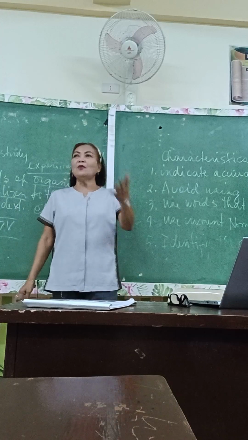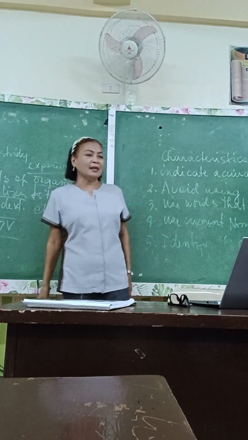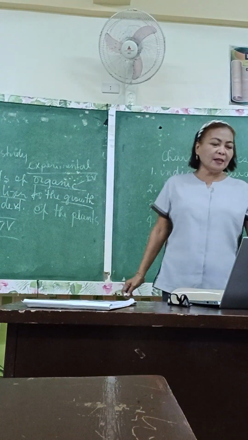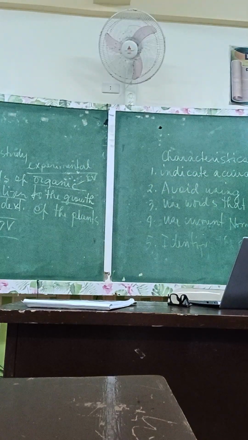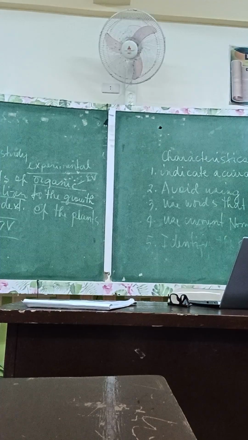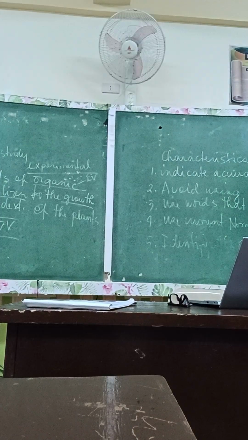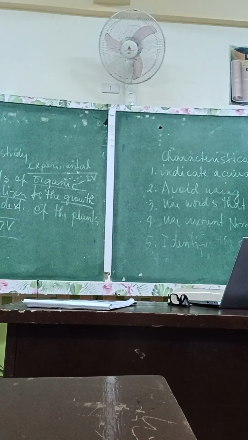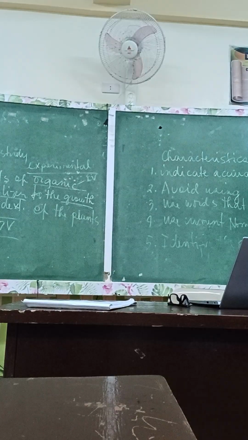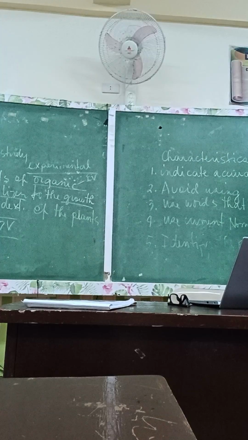Okay? So, pakiulit. What is number 1, Roberts? Number 1 characteristic is indicate accurately the subject and scope of the study. Okay, next. Avoid using abbreviation.